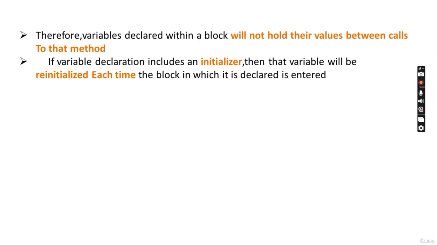If the variable declaration is equal to a value, if you are declaring with a value, then that variable will be reinitialized each time the block in which it is declared is entered. Meaning each time you enter the scope, every time a new value will be stored into that variable. So every time the lifetime of the variable will be understood.